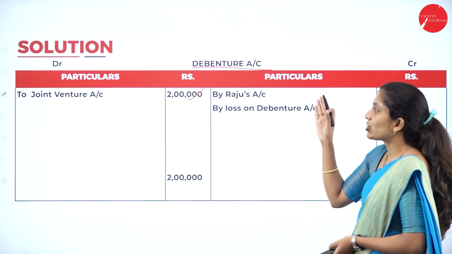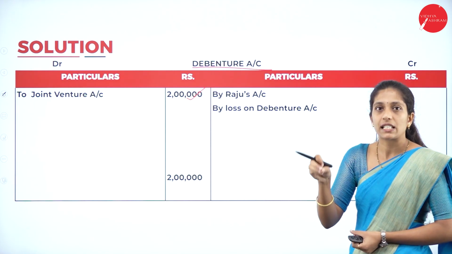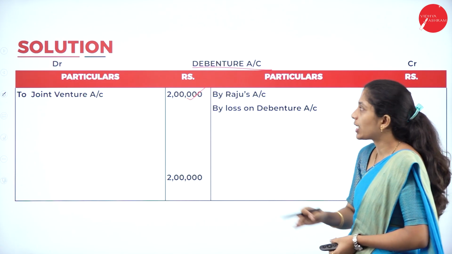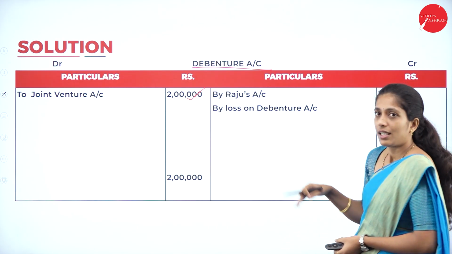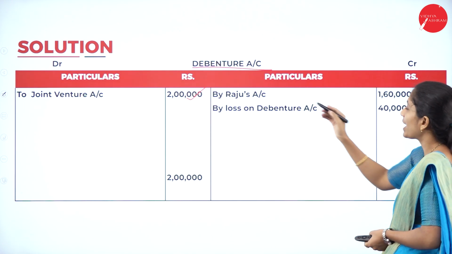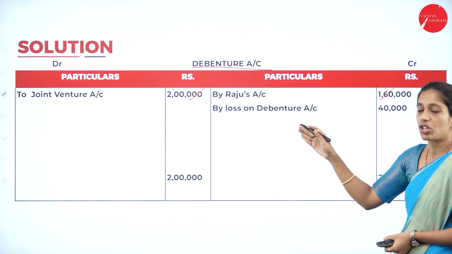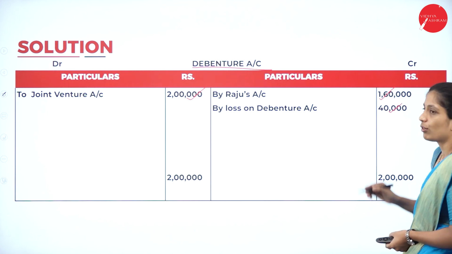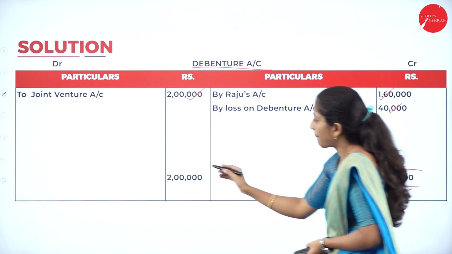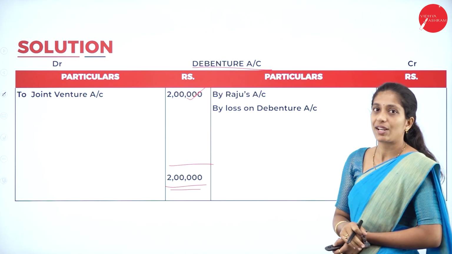So here the debenture has been given to joint venture, right? But 1,60,000 has been taken over by Raju. So by Raju's account 1,60,000, and there was a loss on debenture, by loss on debenture account 40,000. So the total debenture is 2 lakh. Clear? So this is how you are going to prepare your debenture account.